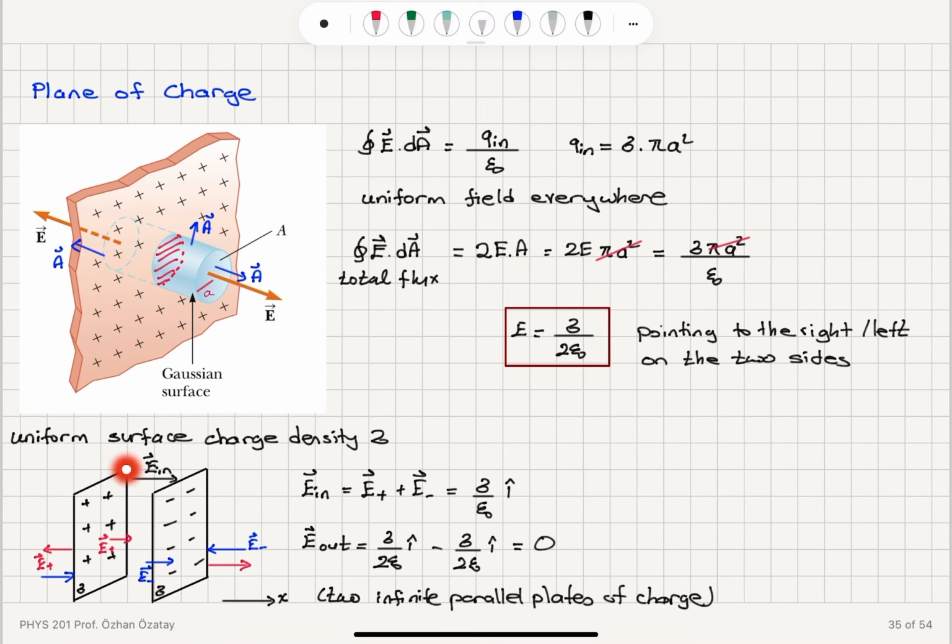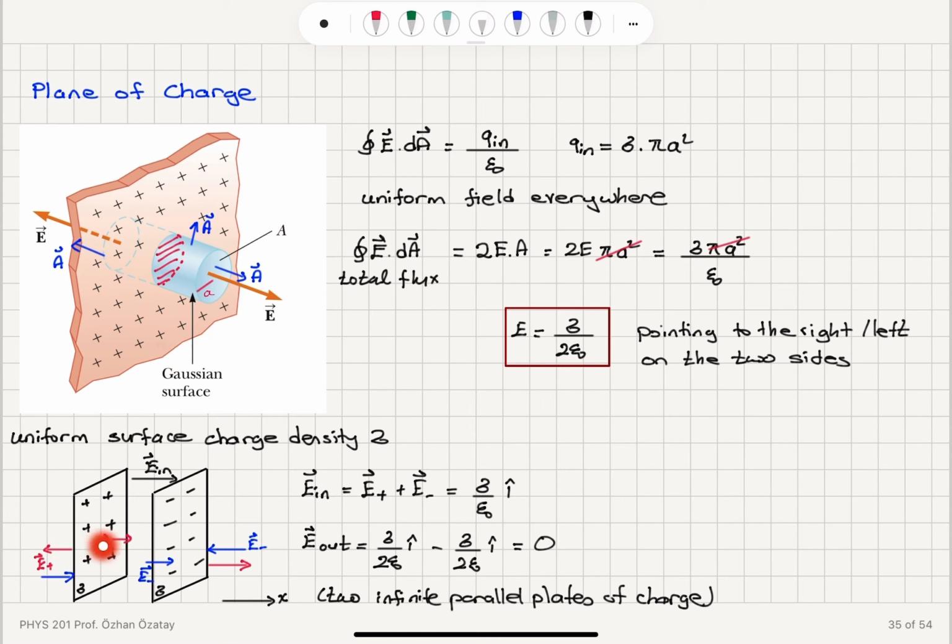But due to a single plane of charge, the flux has contributions from both sides of the cylinder. We have E times A and E times A. 2E times A is sigma times A, so that gives us sigma over 2 epsilon 0.